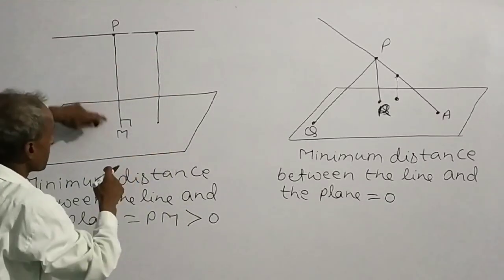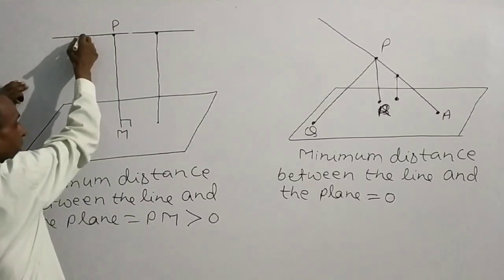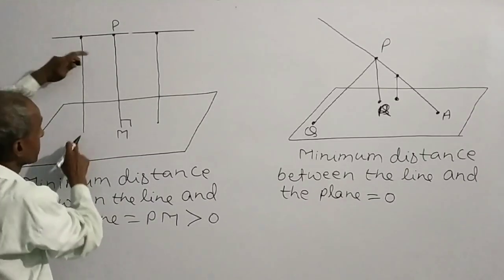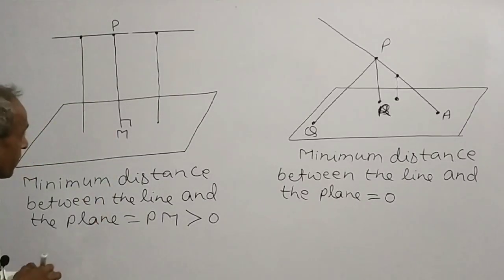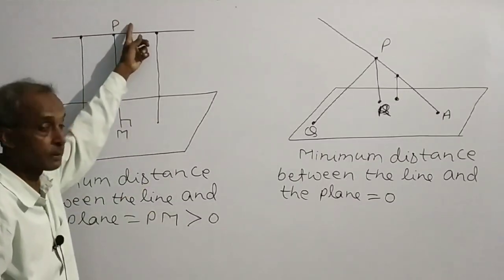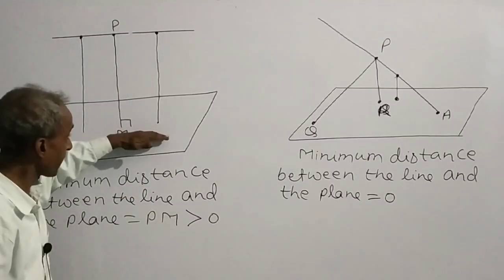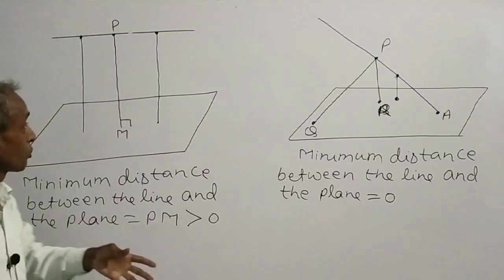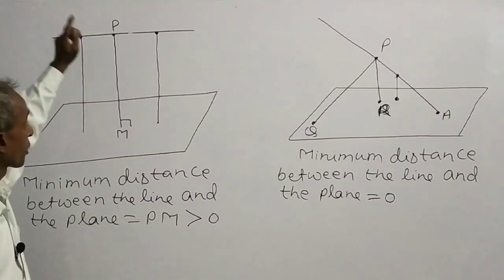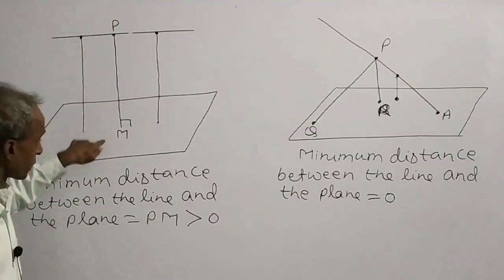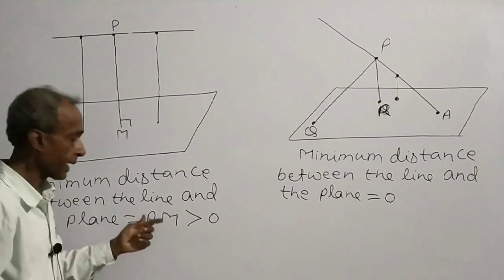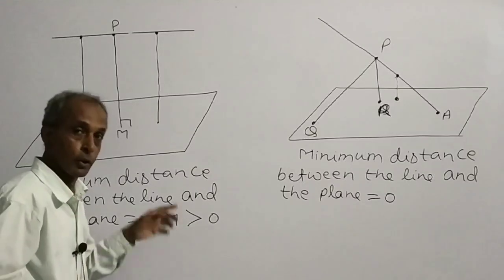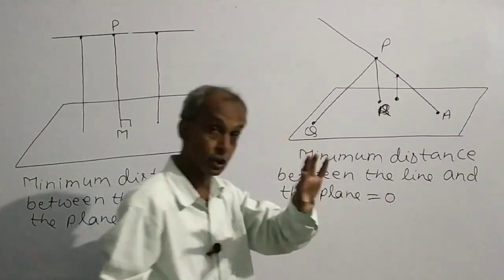This distance will be equal to this distance. That means the minimum distance between a line and a plane when the line is parallel to the plane will be equal to the length of the perpendicular PM drawn from any point to this plane, and this will certainly be a positive number which is greater than 0.